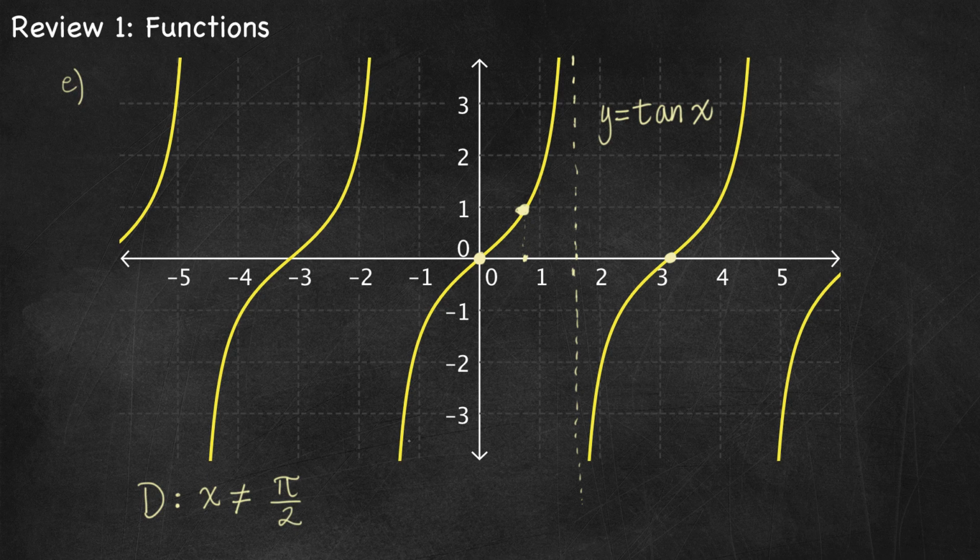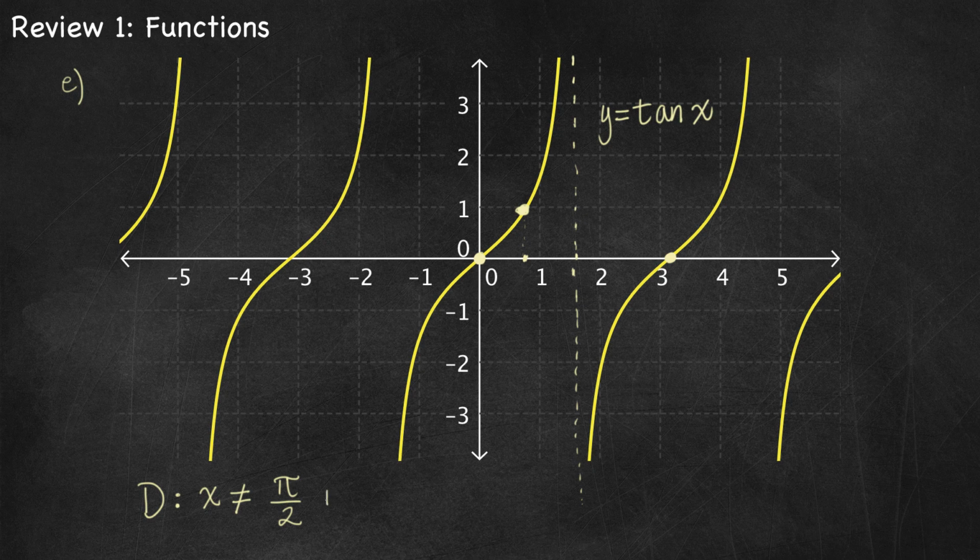Then we also have a vertical asymptote, a distance of pi away from that asymptote, since the period is pi. Every pi units after pi over 2, we're going to have another vertical asymptote. Likewise, every pi units prior to pi over 2, we're going to have a vertical asymptote. Well, how do we say all multiples of pi added to or subtracted from pi over 2?